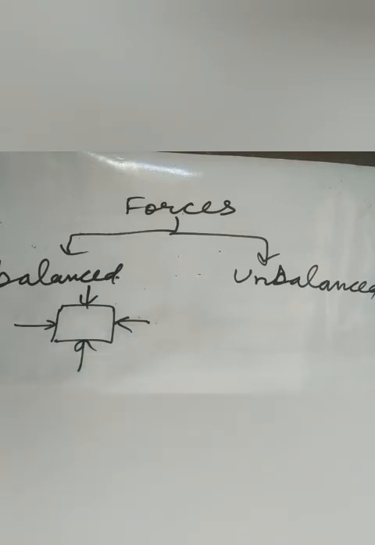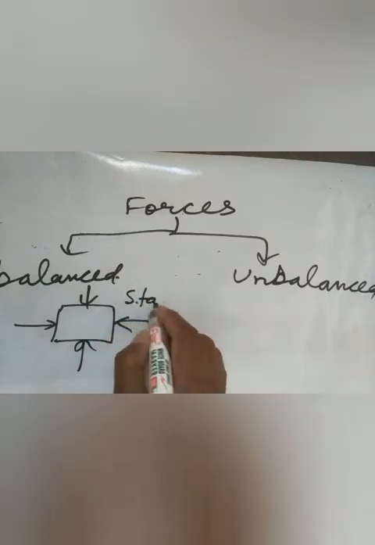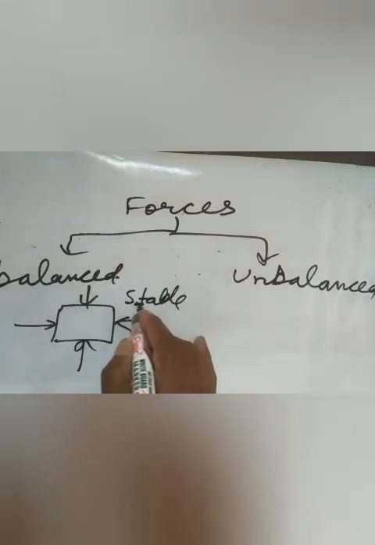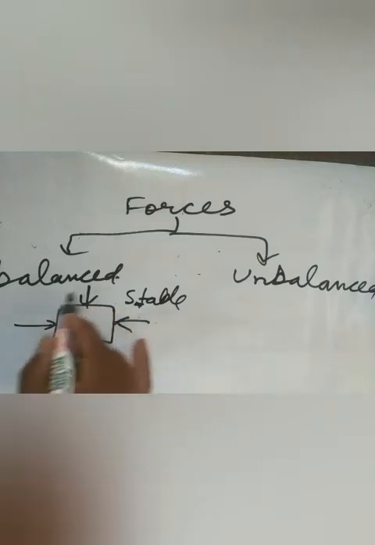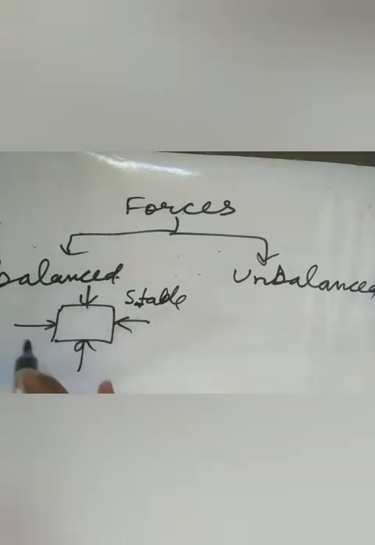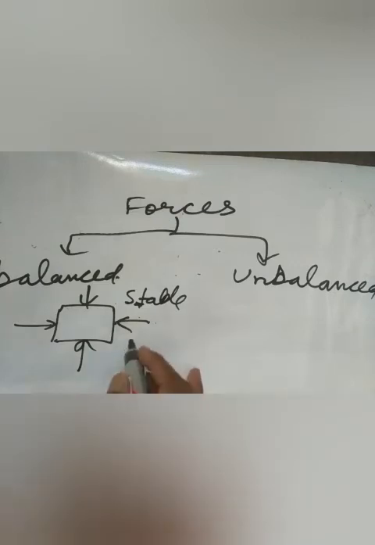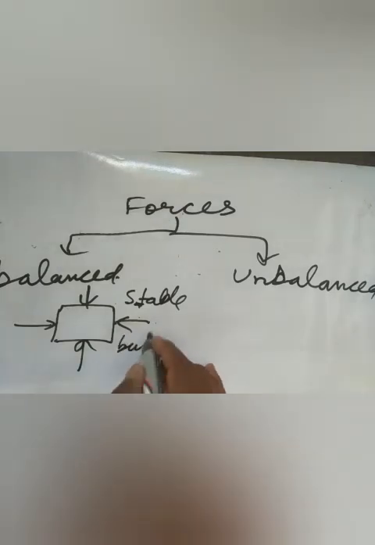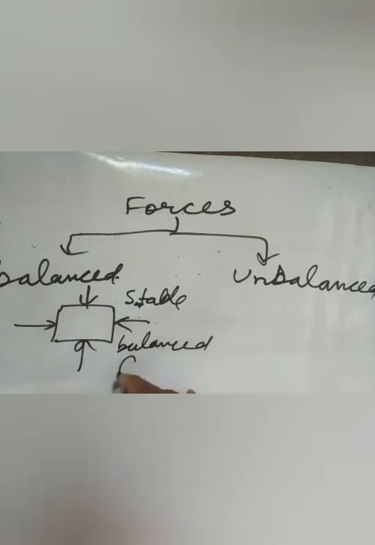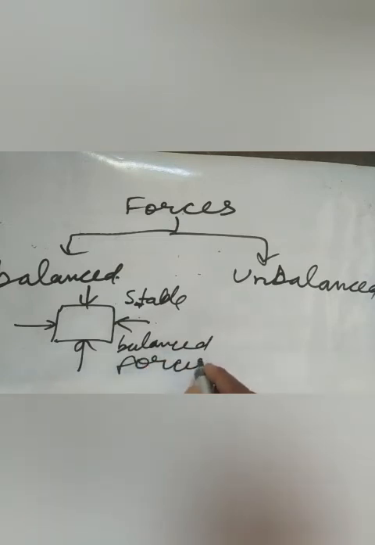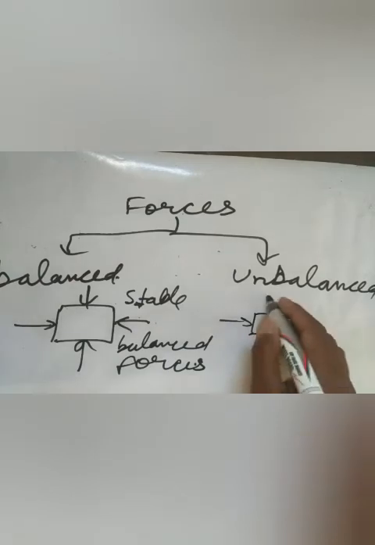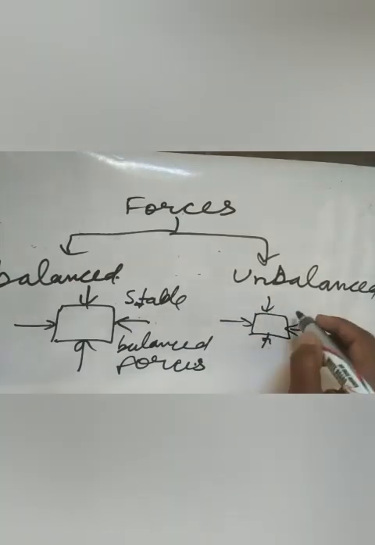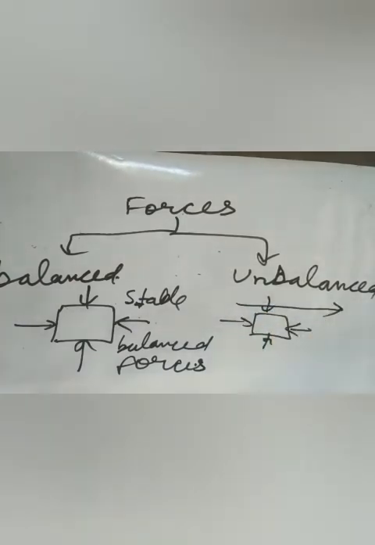It is fixed. It is stable. It is in equilibrium. So we will say that it is subjected to balanced forces. All the forces are balanced. But if a number of forces are acting on it, yet it is moving in a particular direction, then we will call them unbalanced forces.